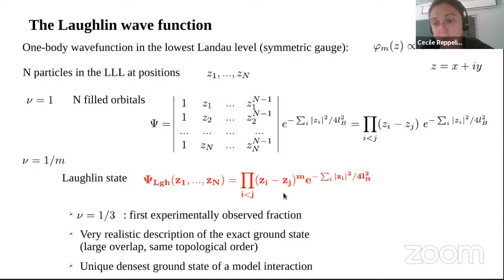And maybe most importantly, this is the same topological order. And finally, this Laughlin wave function is also the unique densest ground state of a model interaction. So it has a quite simple parent Hamiltonian.